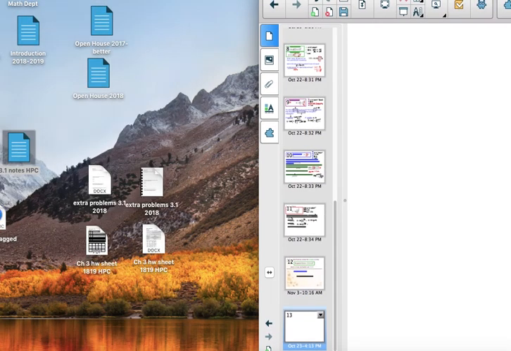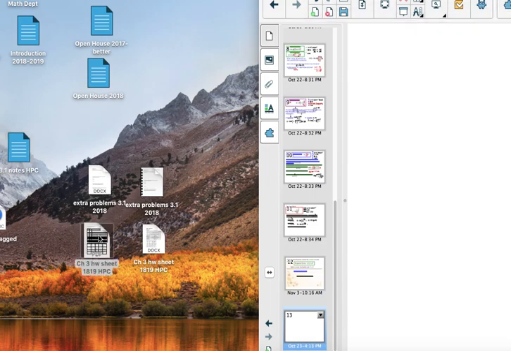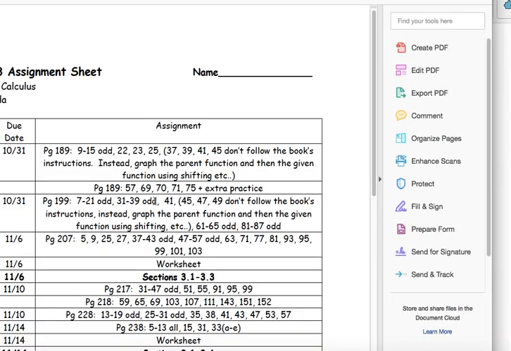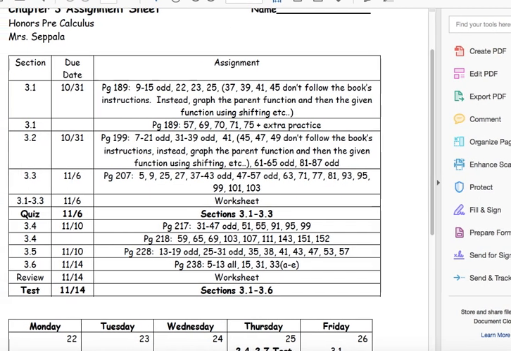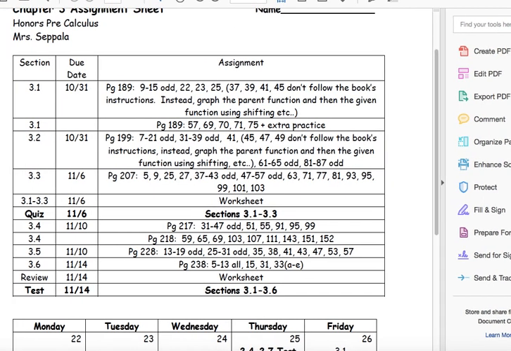So you should be able to finish the 3.1 assignment. And this is technically 3.1 day 2. So when you get your assignment sheet, let's see if I can find our assignment sheet here. You can see yesterday, this is what I told you that you could start working on.